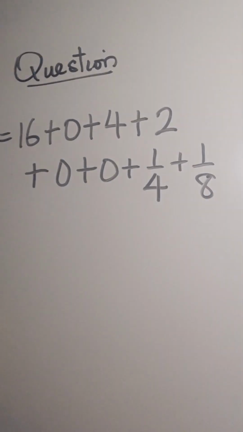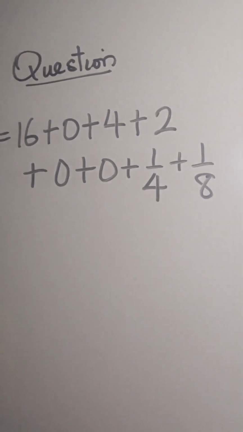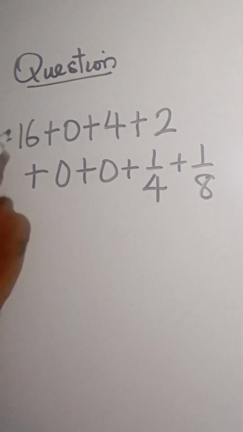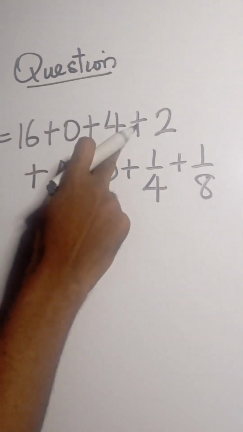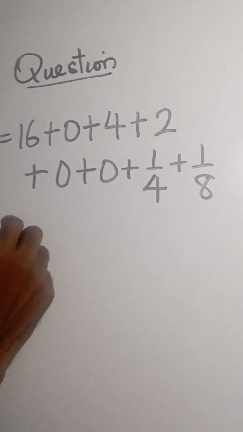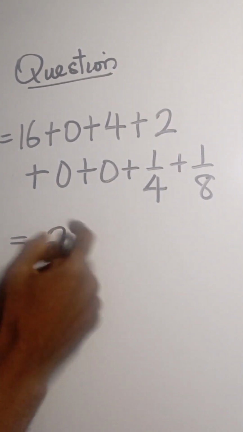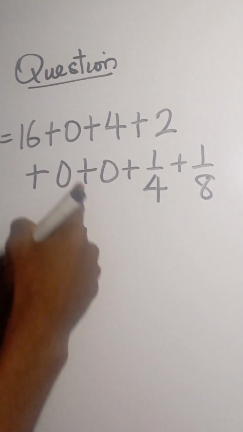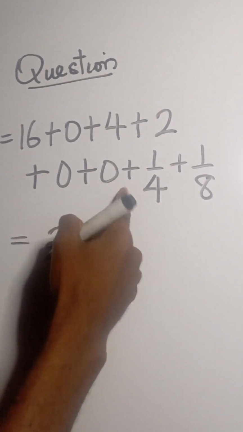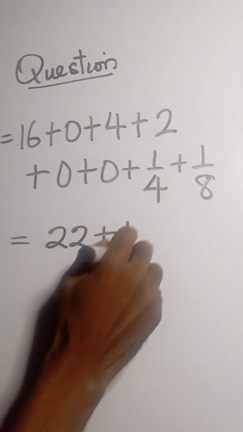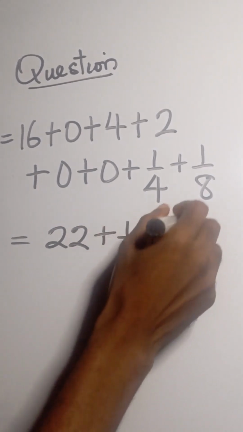Adding it up, 16 plus 4 is 20, plus 2 is 22, plus 0 is 22, plus 1 over 4 plus 1 over 8.